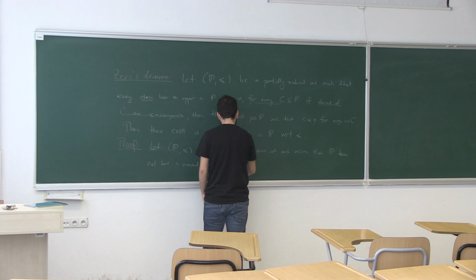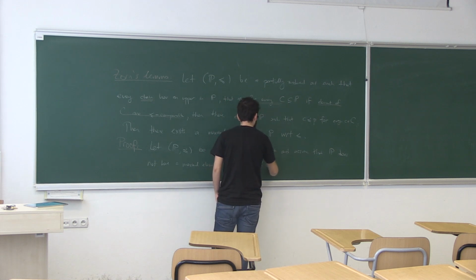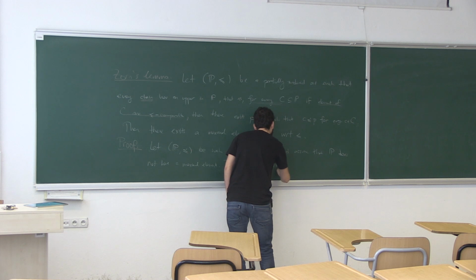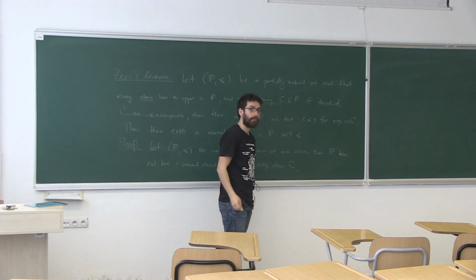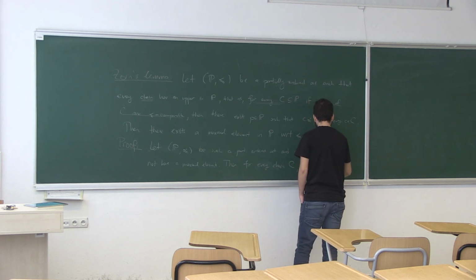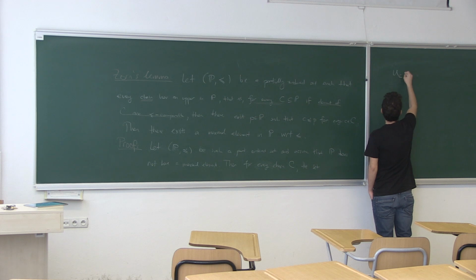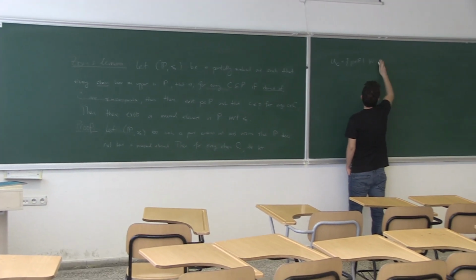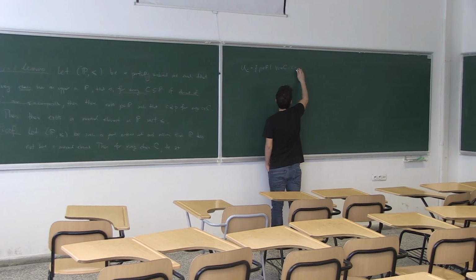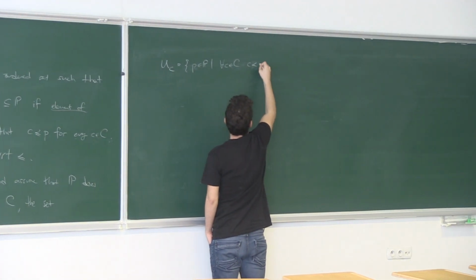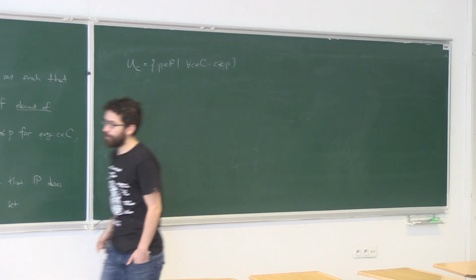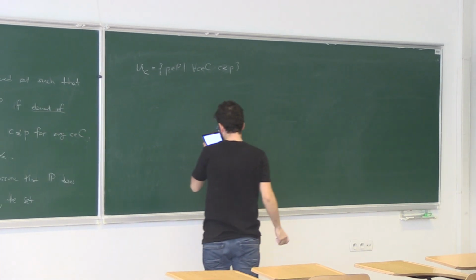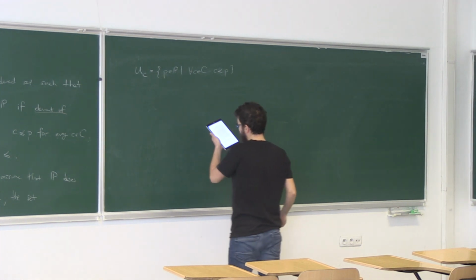Then for every chain C, the set U sub C consisting of elements in P such that this happens is non-empty.